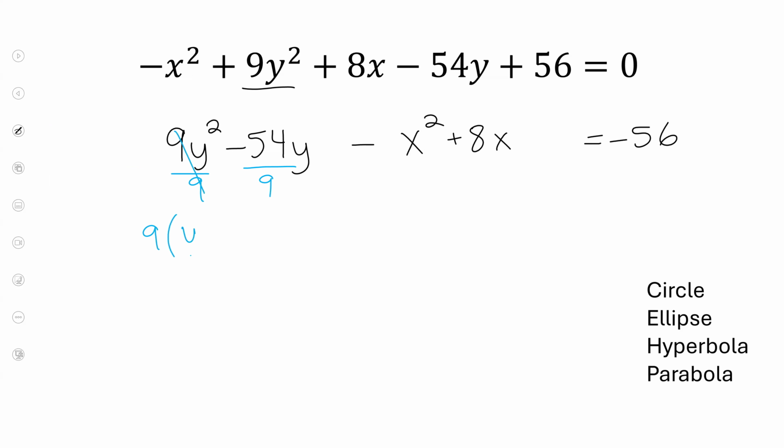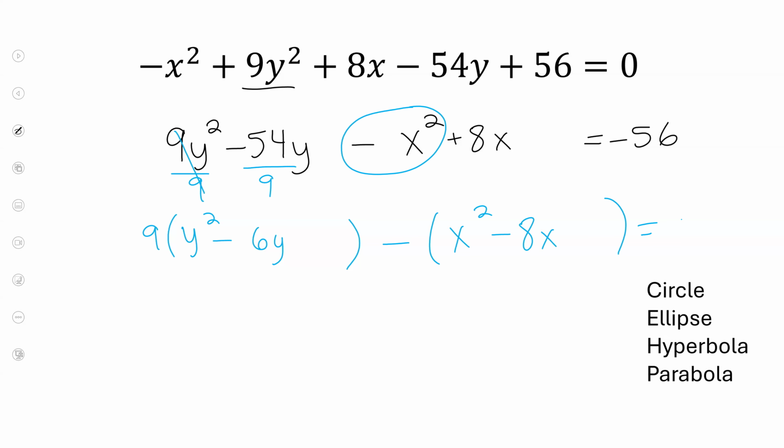I'm left with y squared minus 6y. Over here, I don't want a negative x squared, so I'm going to pull out a negative, and I'm left with x squared minus 8x equals negative 56. If I factor this 9 back in, I'll get what I started out with. If I multiply this negative 1 back in, I'll get what I started out with.